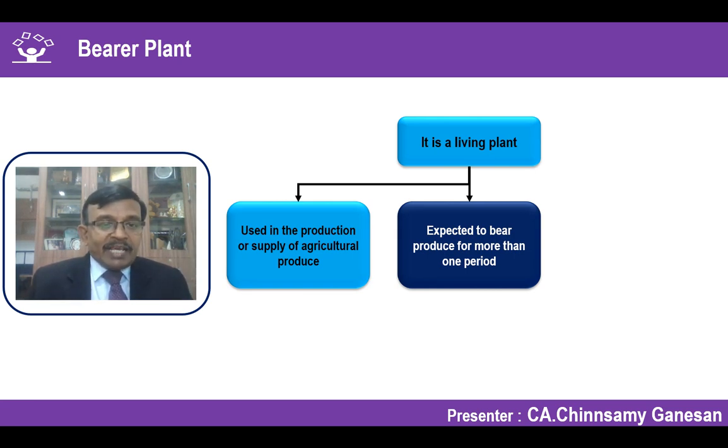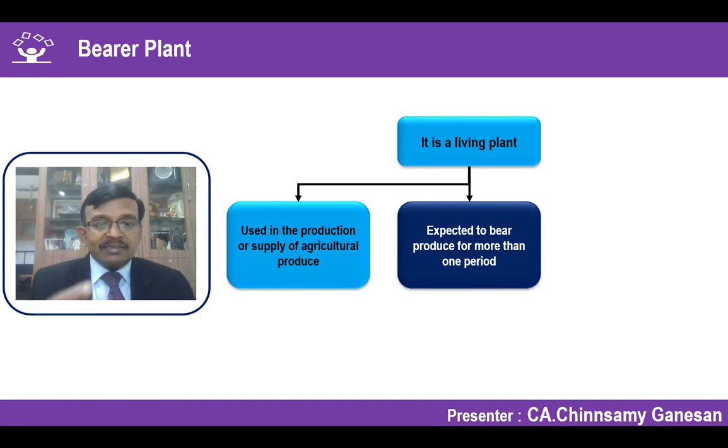For example, if I'm saying paddy, maize, or wheat, where it will be grown and harvested, the agricultural produce is the paddy, whereas the paddy plant is actually growing, out of which you get the actual produce, which is rice or wheat, and then you process it.